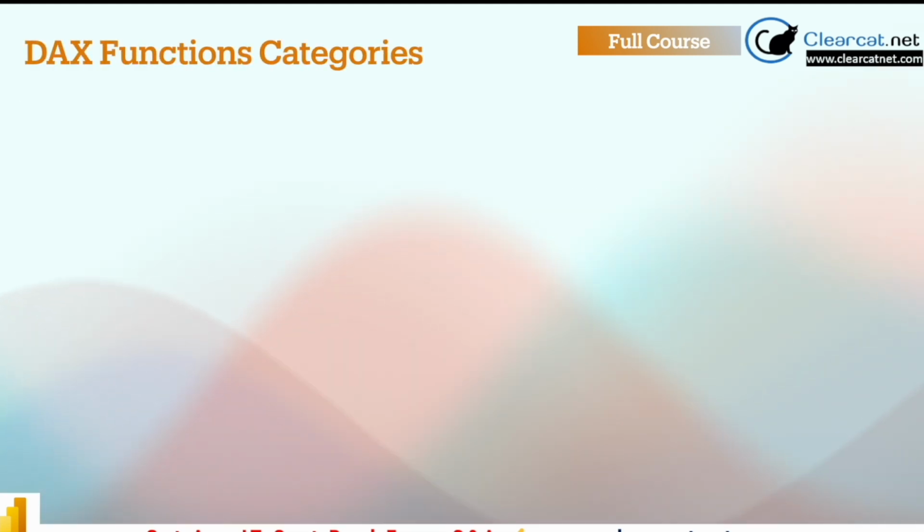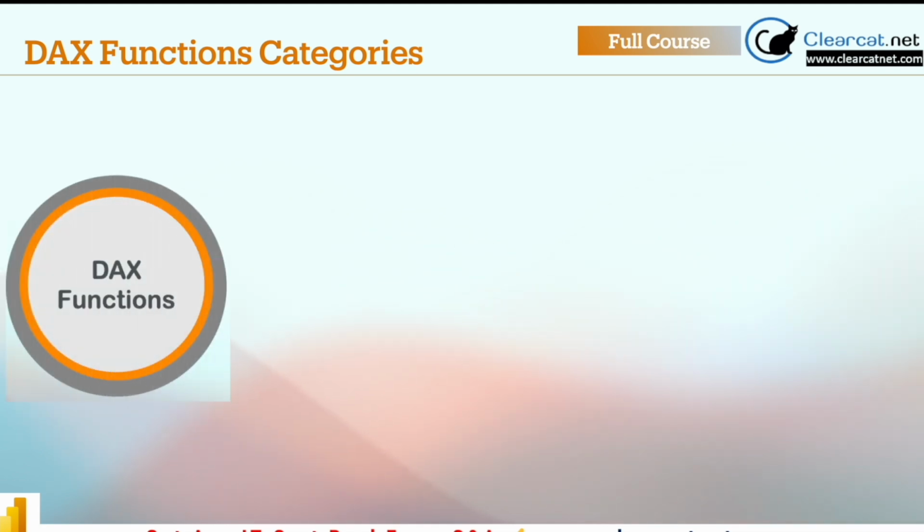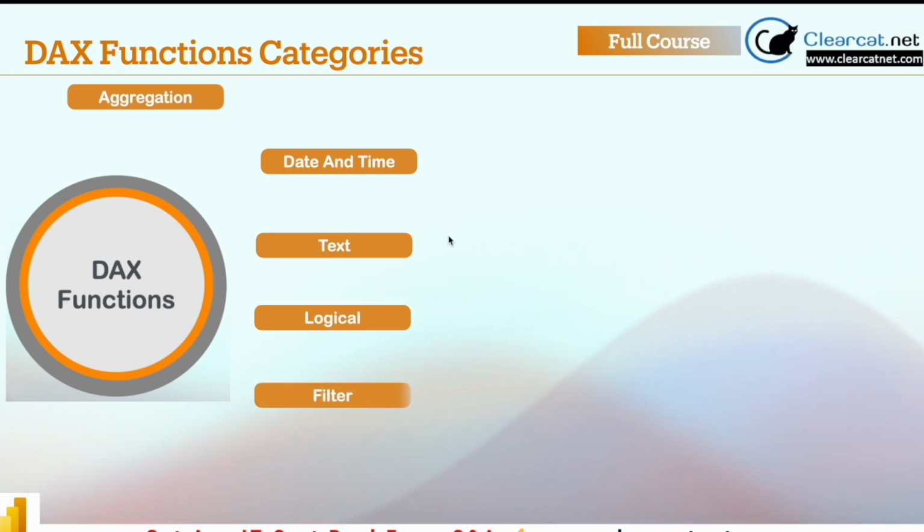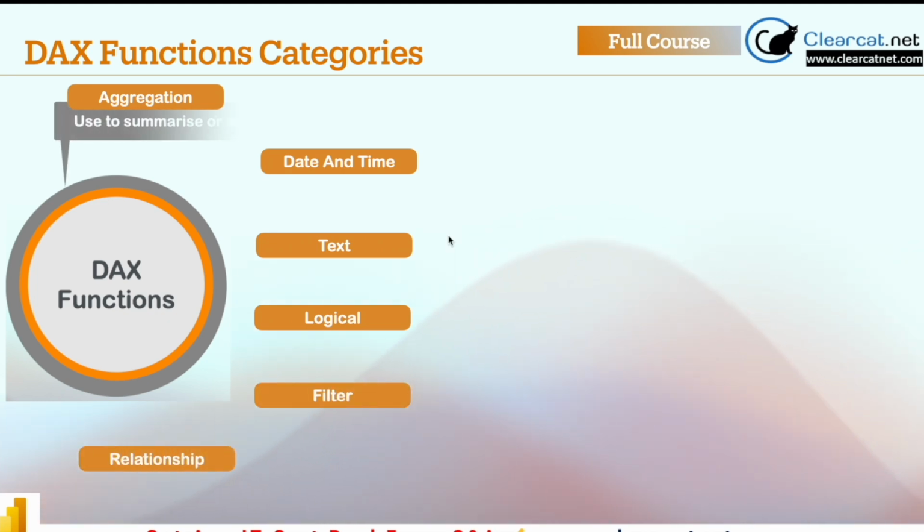DAX function categories. We have categorized all the functions inside Microsoft Power BI into 6 different categories. What are the categories? Aggregation, date and time, text, logical, filter, and relationship.